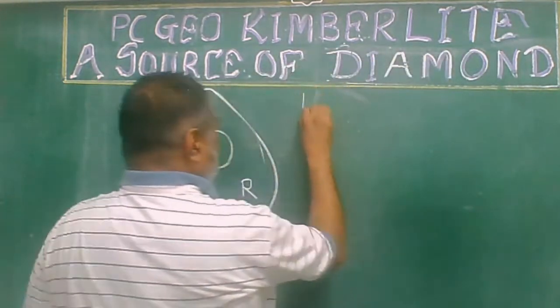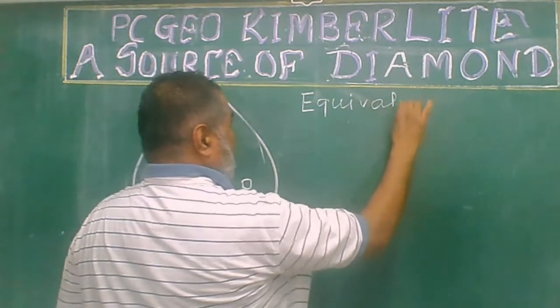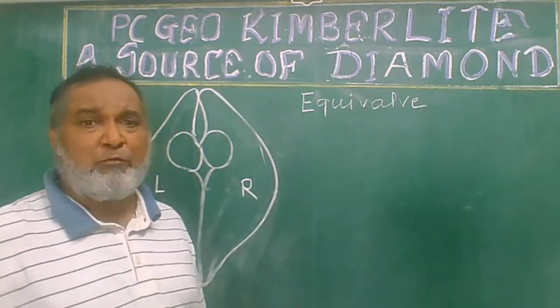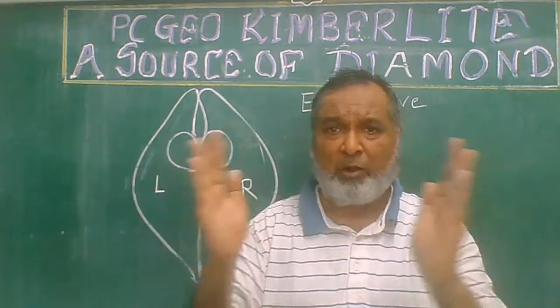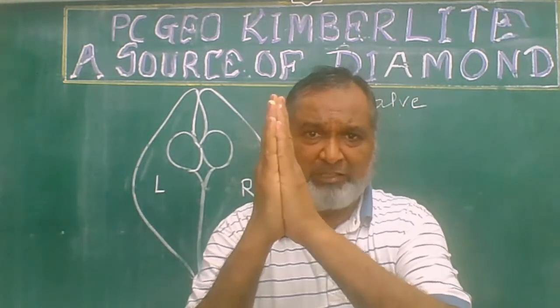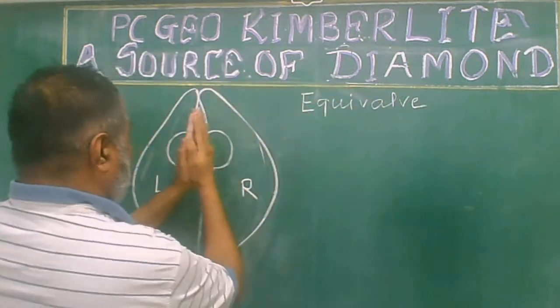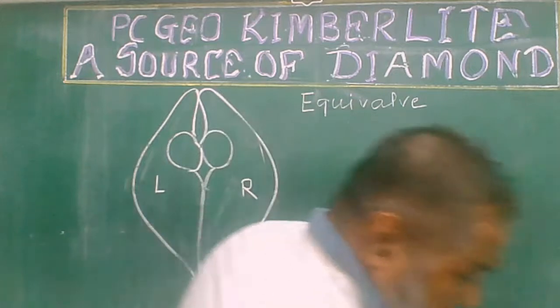So the first important term about this shell is that it is equivalved. Just like two hands, left and right, if you join the left and right palms together, you will see the perfect shape. In the diagram we have drawn, we have the first depression.